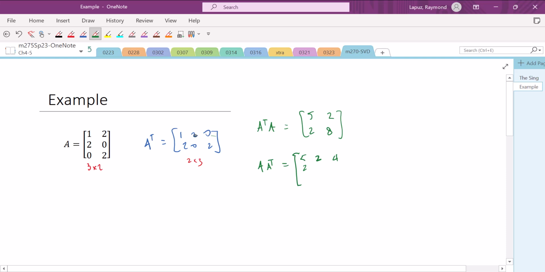Then 2 times 2 is 4, and 0, and then 2, 0, 0, so this is going to be a 0, and then the last one is going to be a 4, and then a 0, and then a 4.